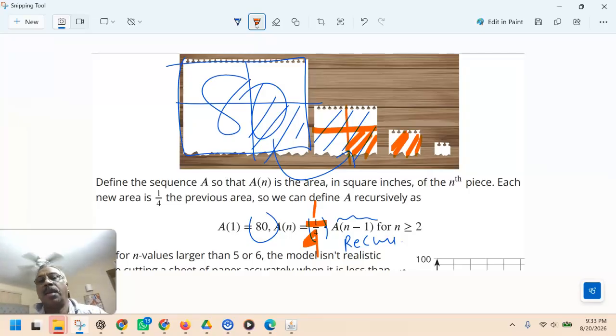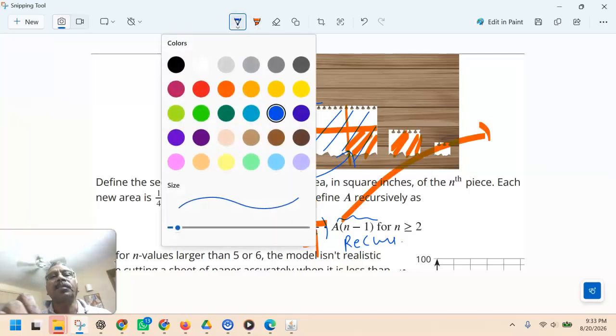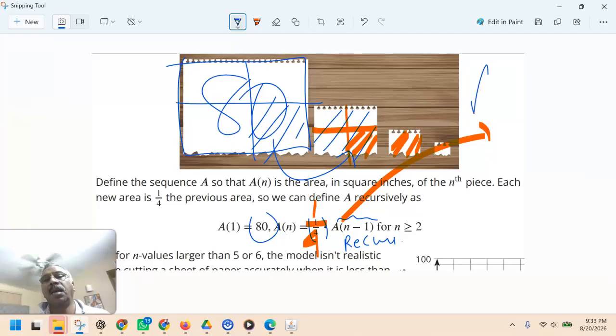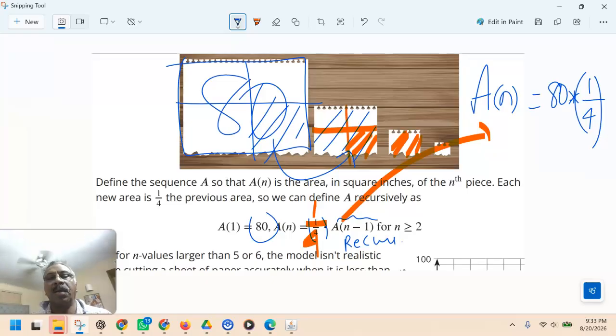Or you could also write this equation in the explicit formula. How do we write it? a_n equals 80 times, and every time you take a quarter, raised to n minus 1, because it starts with 1, so you have to be very careful. This formula works for n greater than or equal to 1.